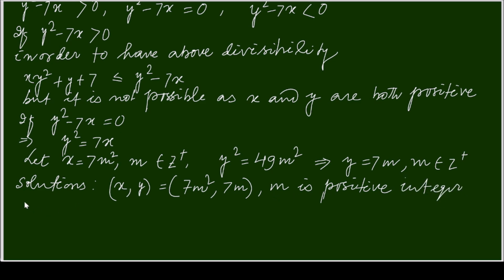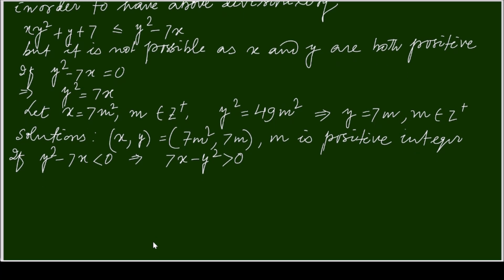Then coming to the last one, if y square minus 7x is less than 0, that means 7x minus y square is greater than 0. That time this divisibility can be written as 7x minus y square equals some multiple, let us take d, times x y square plus y plus 7, where d is a positive integer.